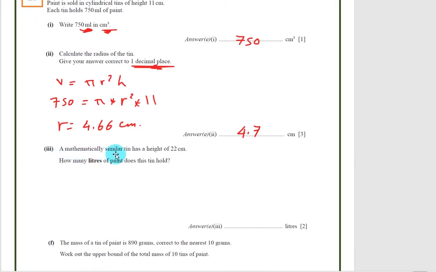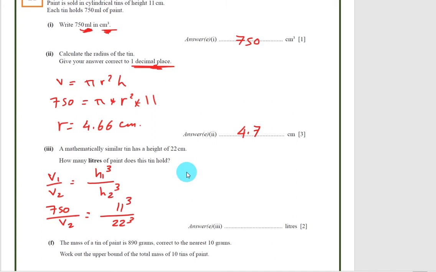A mathematically similar tin has height of 22 centimeters. How many liters of paint does this tin hold? Again, V1 over V2 is H1 cube divided by H2 cube. V1 is 750, V2 I don't know, H1 is 11 cube, H2 is 22 cube.